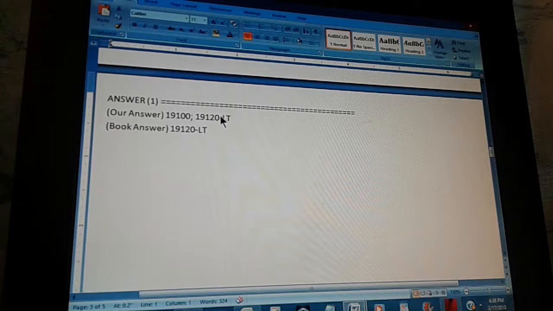But now the book answer is just the code for the excision. We have tried to see in the book if this code for the excision includes the biopsy, but we have not found it. If you find it, please just write in the comments and we will change the video. But for now, we think that the biopsy is not mentioned, so we need an extra code for that, okay?